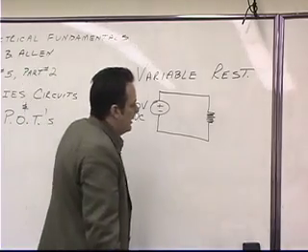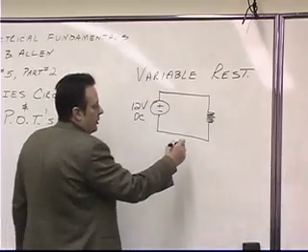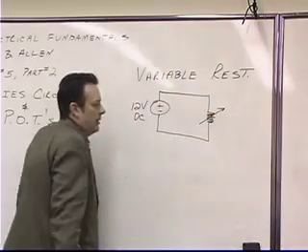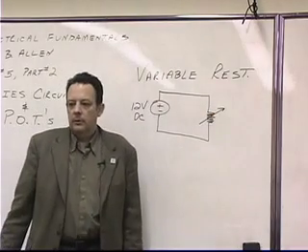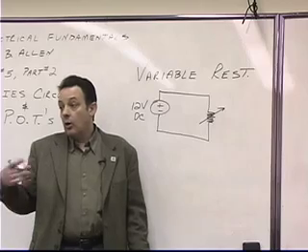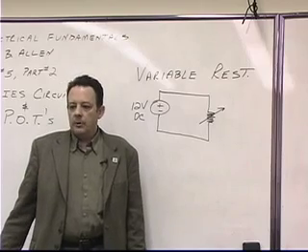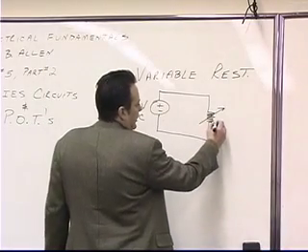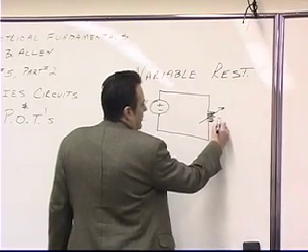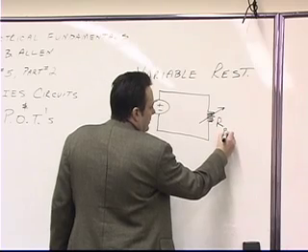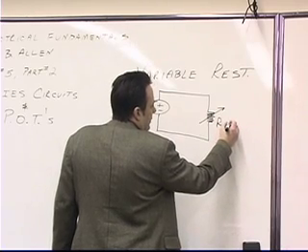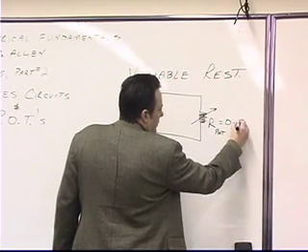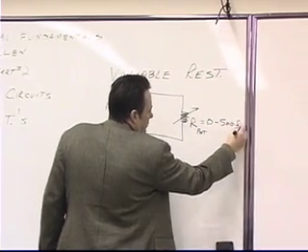The way that we draw it to signify that it's variable is we just simply draw a line at approximately a 45-degree angle directly through the resistor. That then indicates or calls for a potentiometer, which is a variable resistor. Okay? And the way that it's usually indicated or specified is that the resistance of the potentiometer is equal to 0 to, let's say 500 ohms.